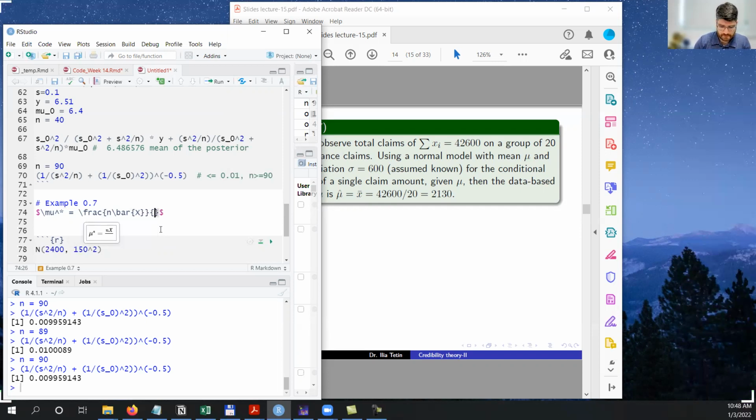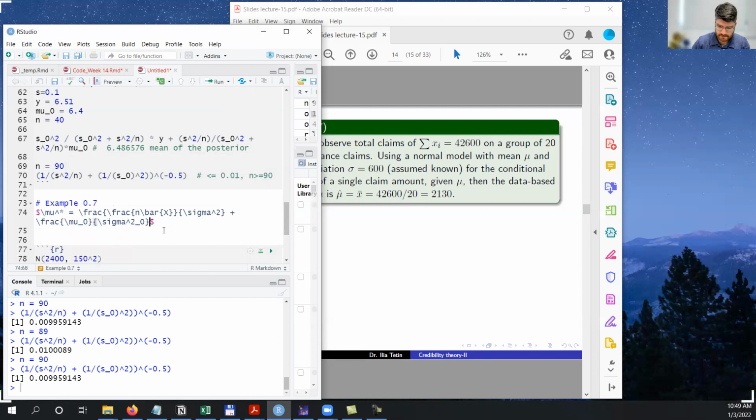Then here is the sigma squared. Then we have plus this fraction of mu 0 over sigma squared 0. Okay, and this is just the top of the formula. This is the numerator. So we place the fraction.